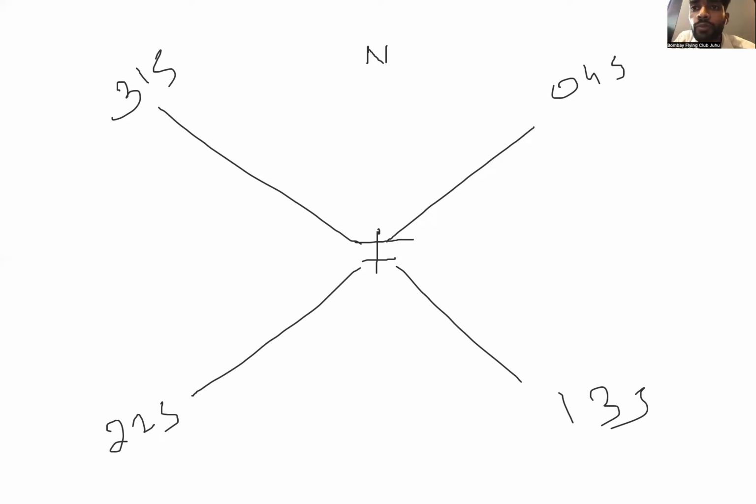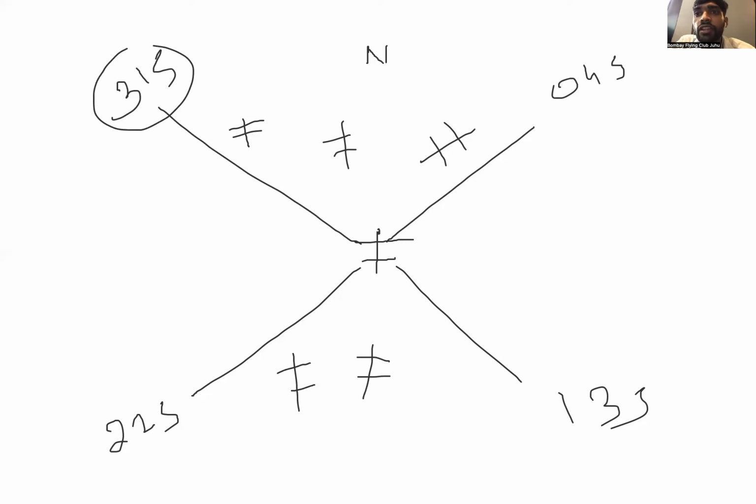whichever the aircraft would be having those headings, they would be known as the same track traffic. That can be anywhere. All the aircrafts between this heading 315 से लेके 045 के heading में जो भी है, that aircrafts would be known as same track traffic, or saying the black color aircraft.